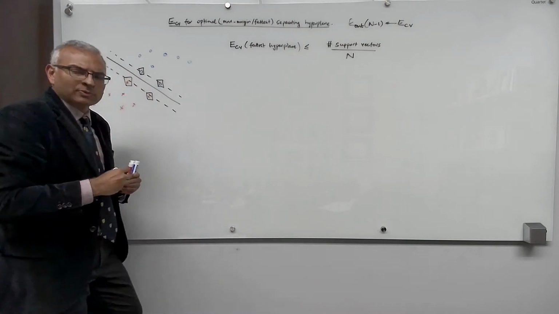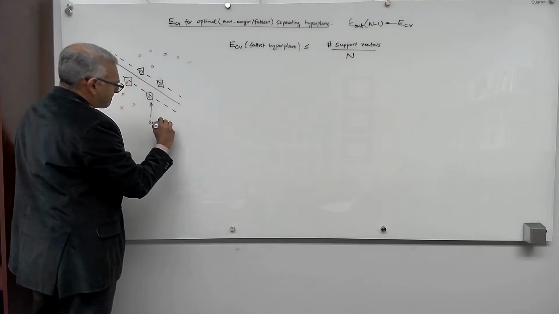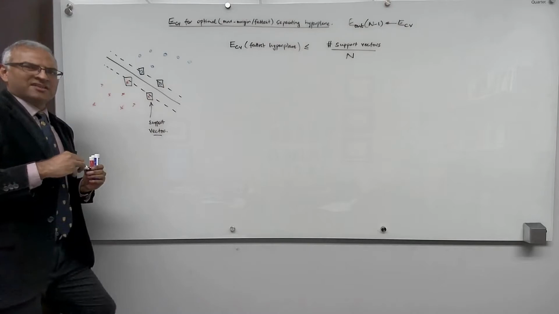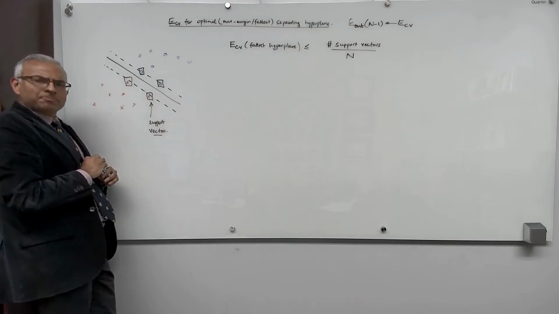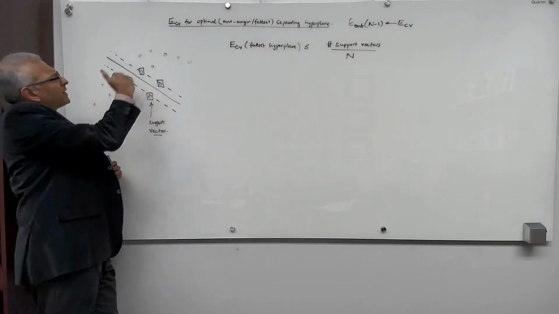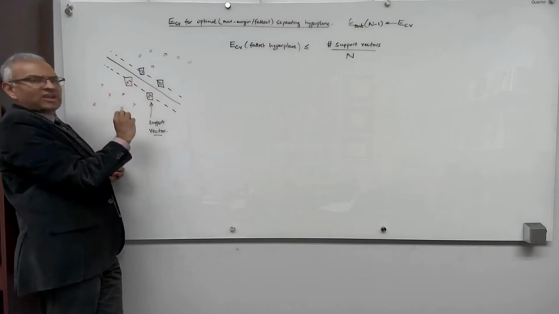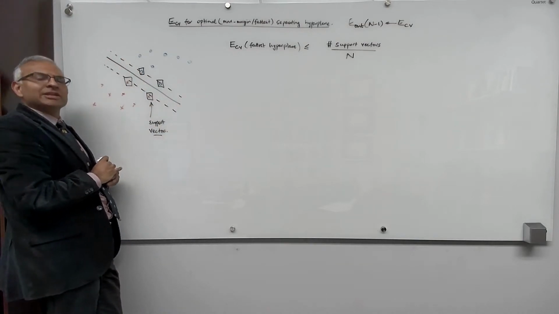Now those are what we call the support vectors. They are the important data points highlighted by this fattest separating hyperplane. But more importantly, if you threw away all the other data, all you need to keep are these support vectors, and you will reproduce exactly the same optimal fattest separating hyperplane.